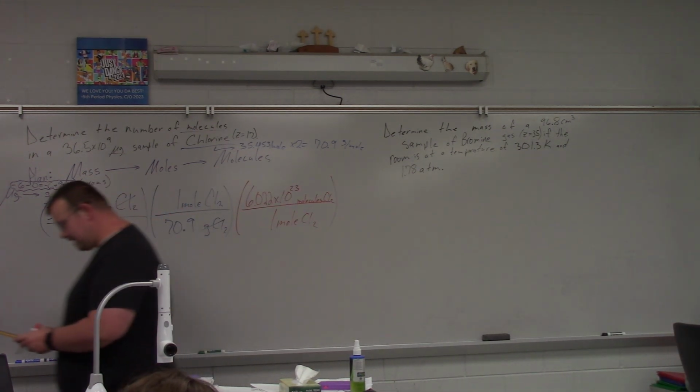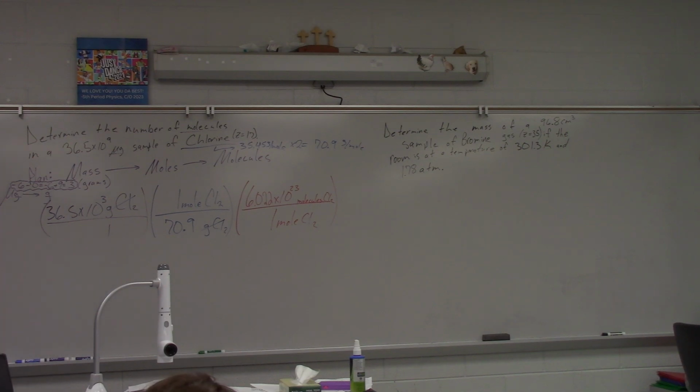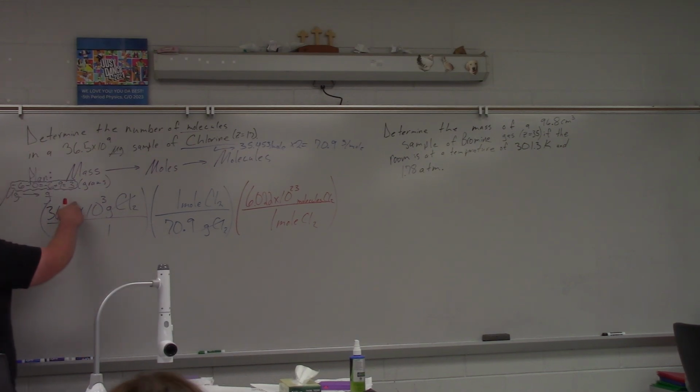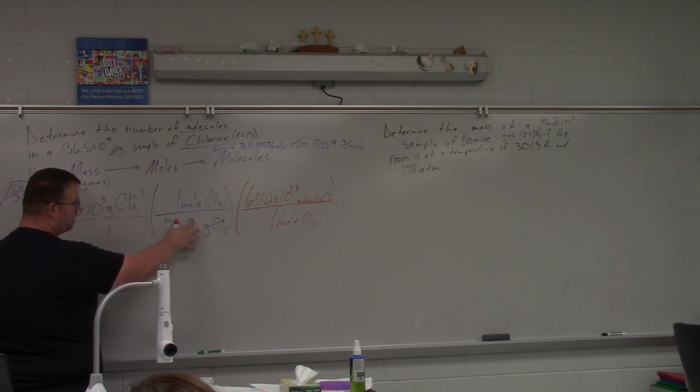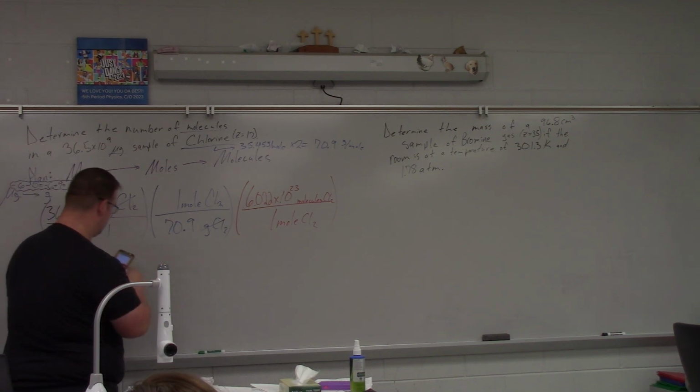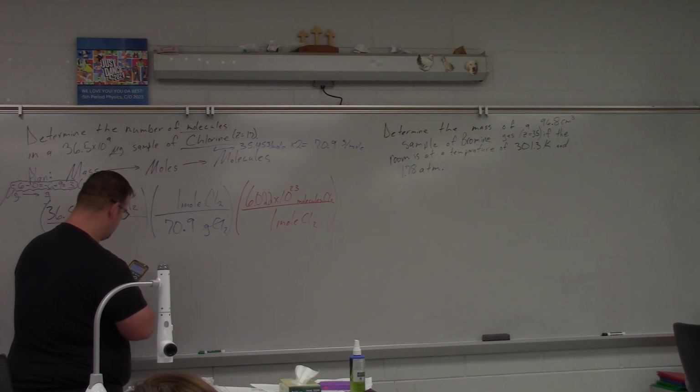One thing I'm seeing is some people are not sure when to do what with the numbers. You'll always take your first number, type it in the calculator, then go here. This number is in the denominator, so I divide by it.